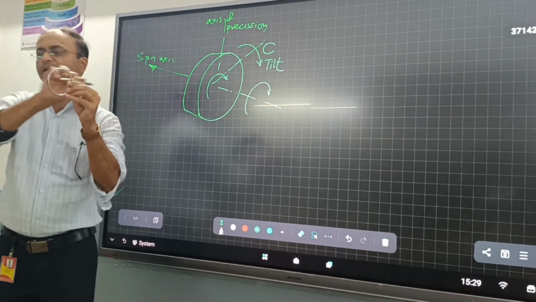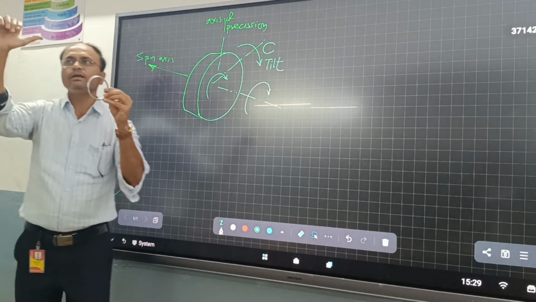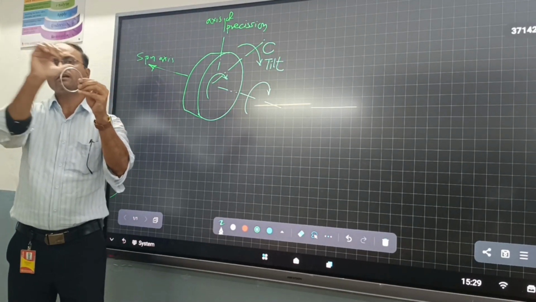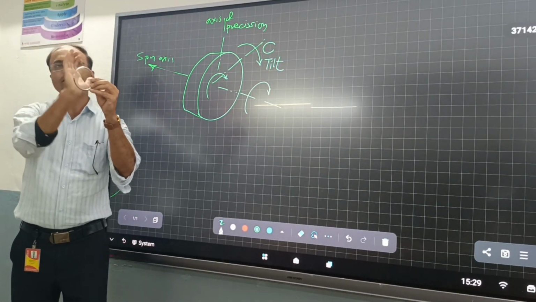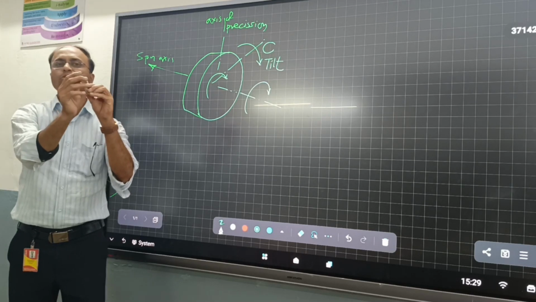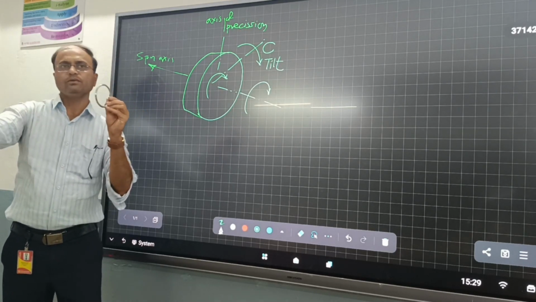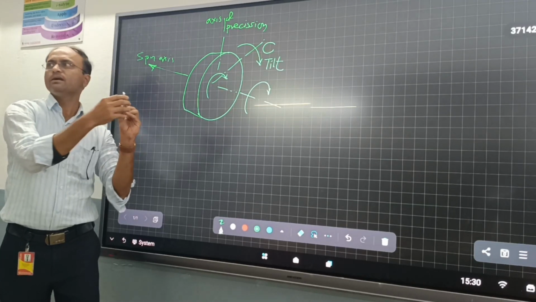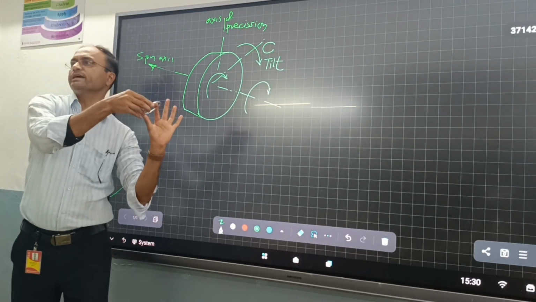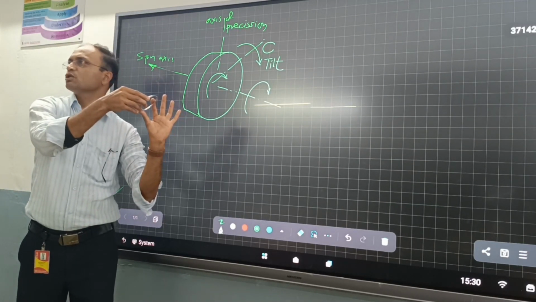So if you take the couple like this, and align your thumb with the couple axis, you will find that the tendency of this disc will be to tilt on this side. And it is but obvious. When you ride a bike and take a left turn, the bike tries to tilt on the outer side. Yes or no? Yes.